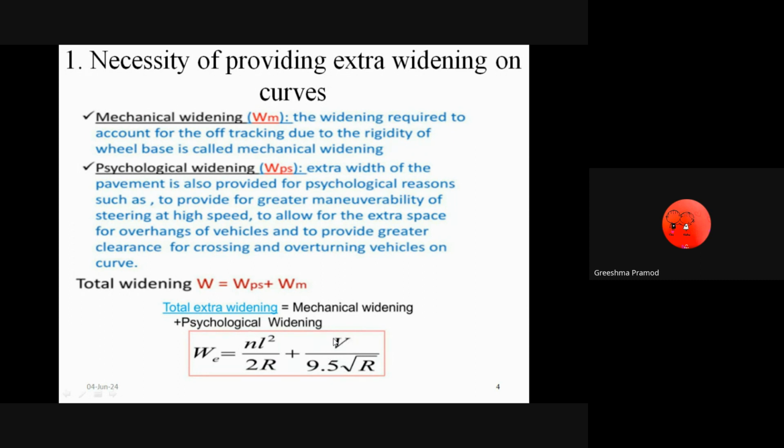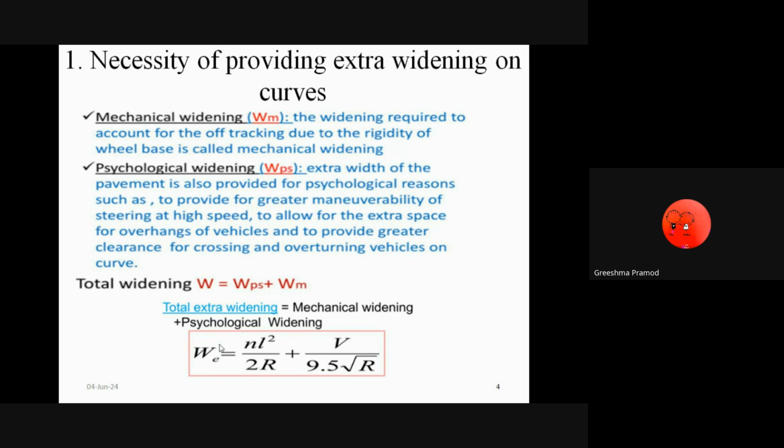V is the design speed, which is given to you in kilometers per hour, and R is the radius of the curve. So We indicates the extra widening. The total width of the pavement is the width of the pavement W plus the extra widening, W plus We.